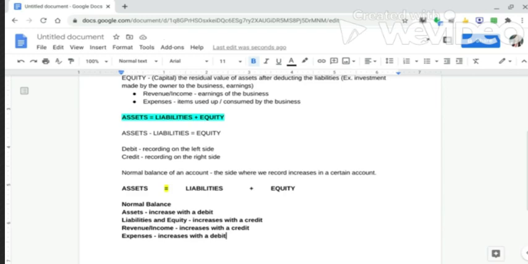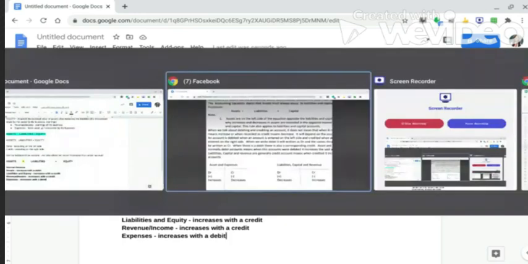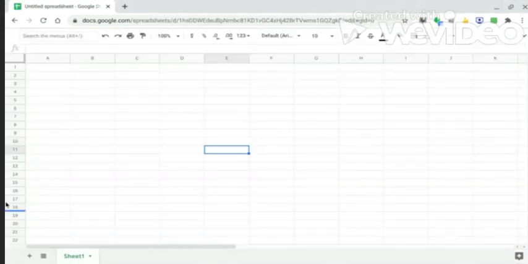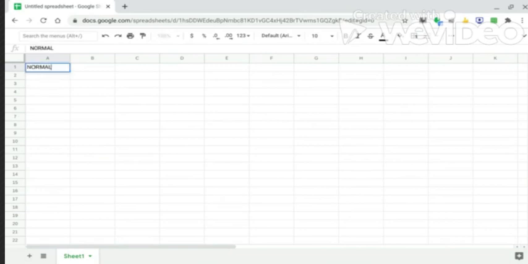So, to sum it up or to summarize this one, ilagay natin siya sa table para mas madaling intindihin. So, normal balances. Lagyan natin dito ng debit and credit.